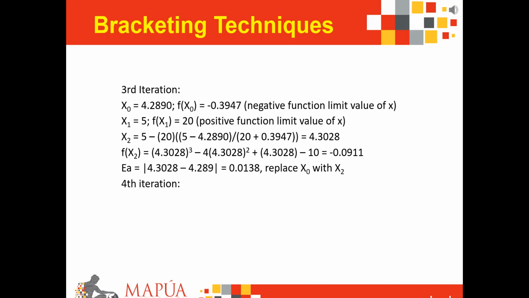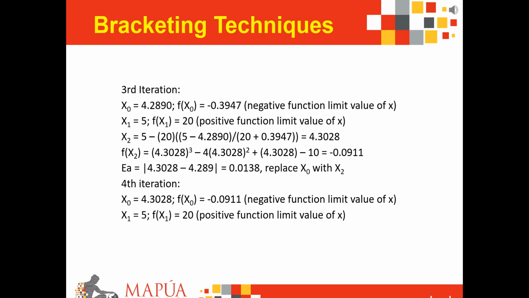On the fourth iteration, these now are the given values for x0 and x1. We then establish that these initial values still satisfy the bracketing condition, therefore the root is still between x0 and x1, which gives us an iterative solution for x2 equal to this solution with a value of 4.306.